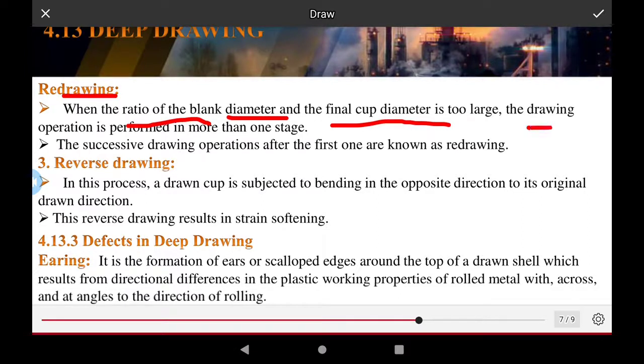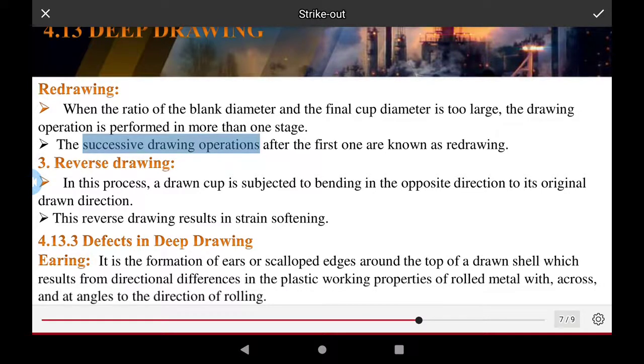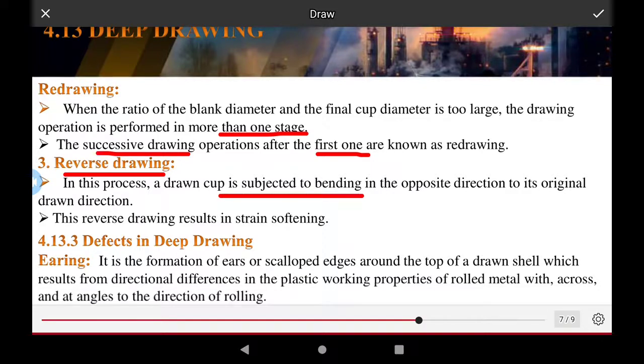If the ratio is too large, the drawing operation is performed in more stages. In the successive drawing operation following the first one, known as reverse drawing, the drawn cup is subjected to bending in the direction opposite to the original drawing.